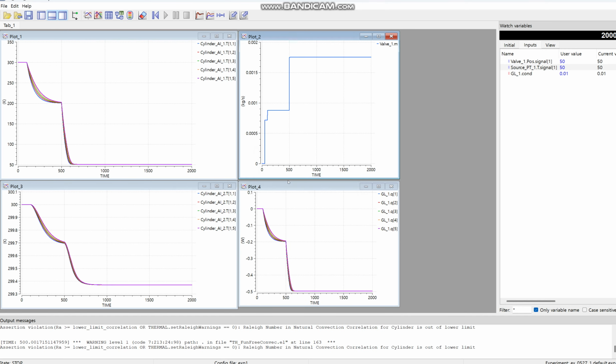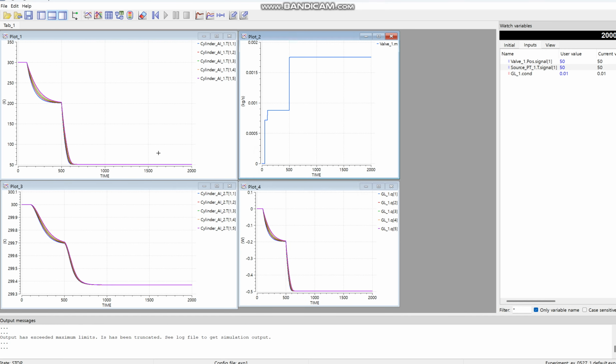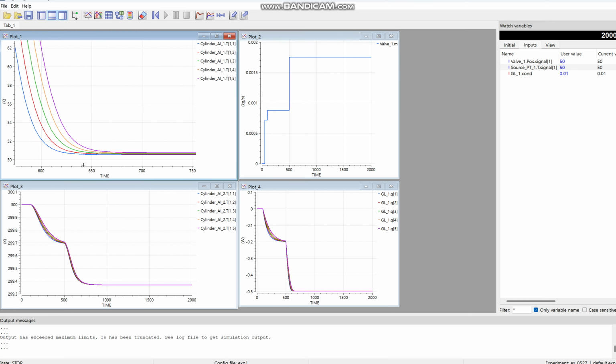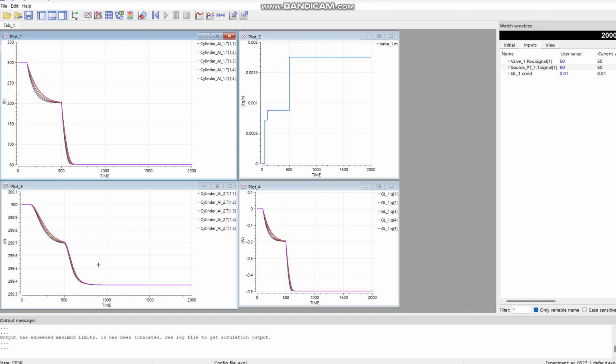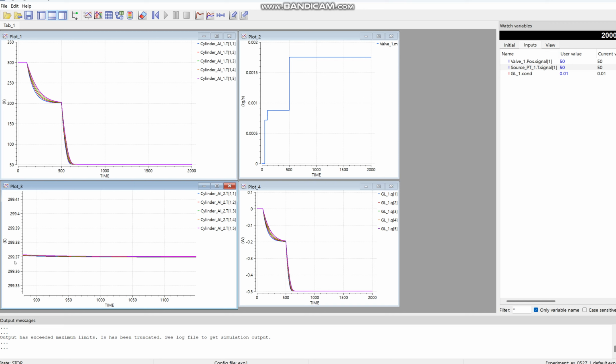At 2000 seconds, we can see the inner wall temperature decreases to almost 51 Kelvin, right? And in here, the outer wall is almost 299.3. And in here, the GL component.